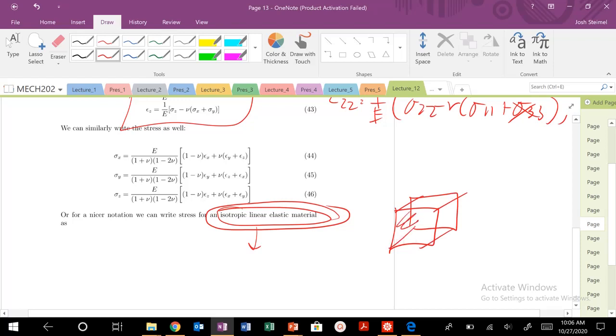So if I'm looking at this plane versus this plane versus this plane, it's going to behave exactly the same. My material properties don't change depending on my crystallographic direction. So my E is constant if I'm looking here, here, here, at 45 degrees, my material properties don't change.